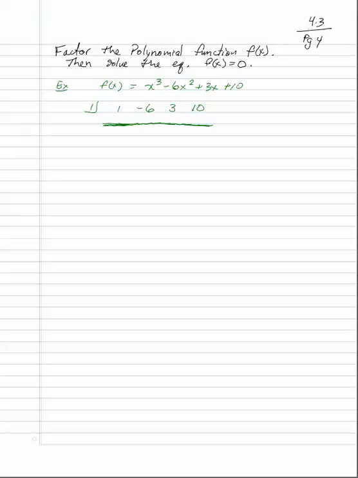So we try 1. So 1 times 1 is 1, negative 5, that's negative 2. Okay, so 1's not a factor, so x minus 1 is not a factor.